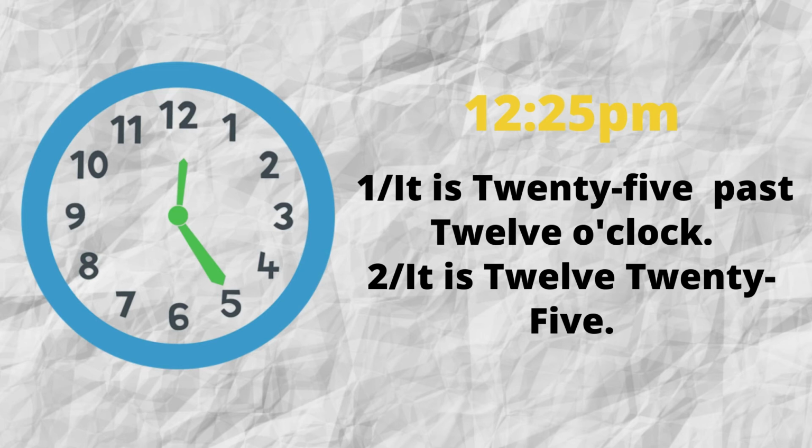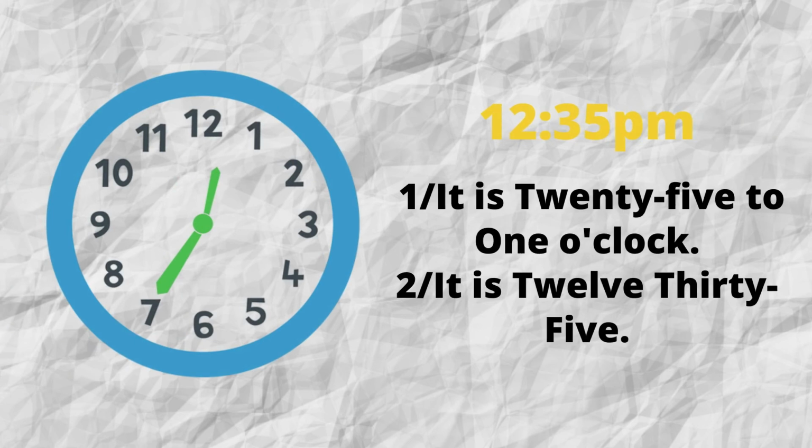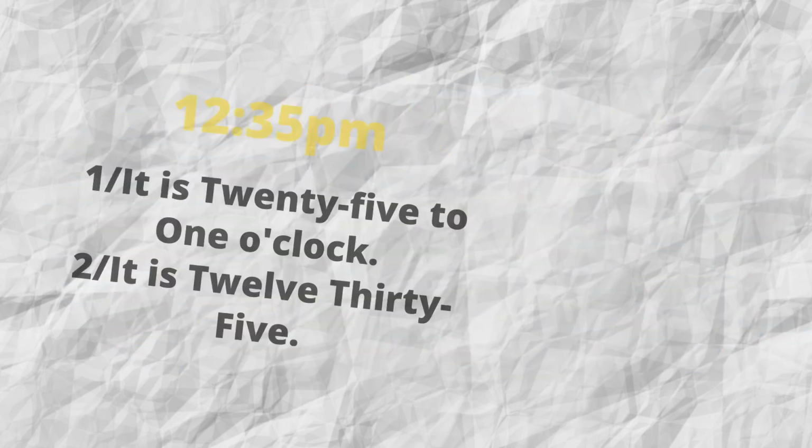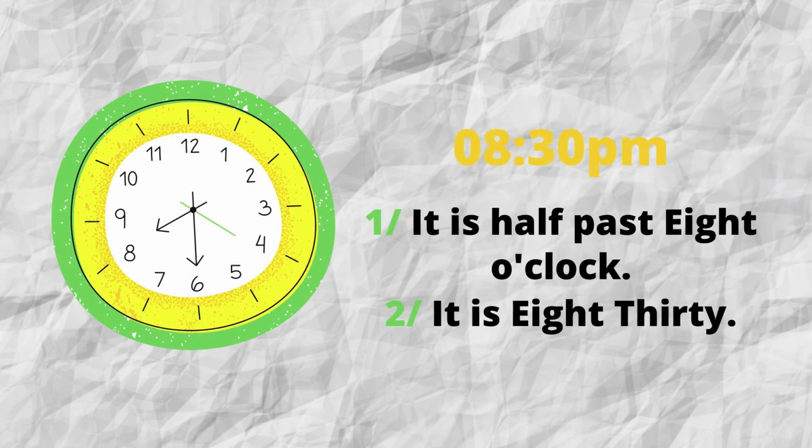Number 2, it is 12:25. Number 1, it is 25 to 1 o'clock. Number 2, it is 12:35. Number 1, it is 8:30. Number 2, it is 8:30.